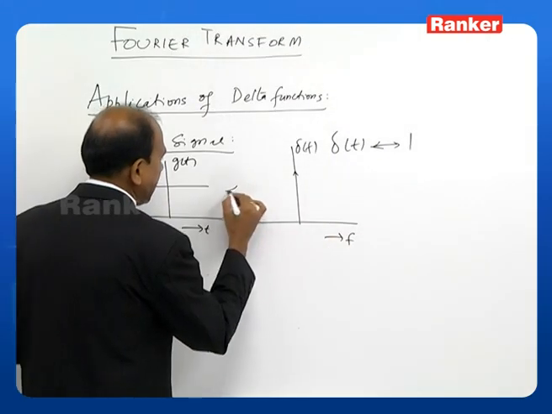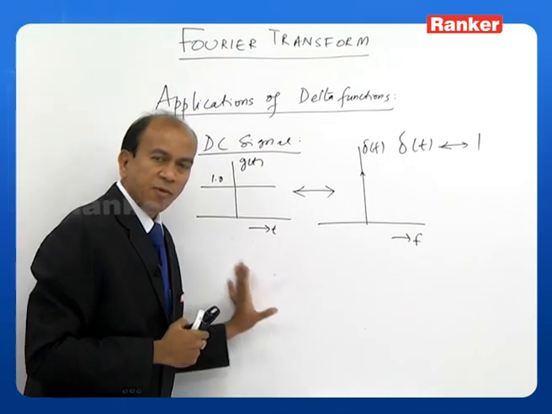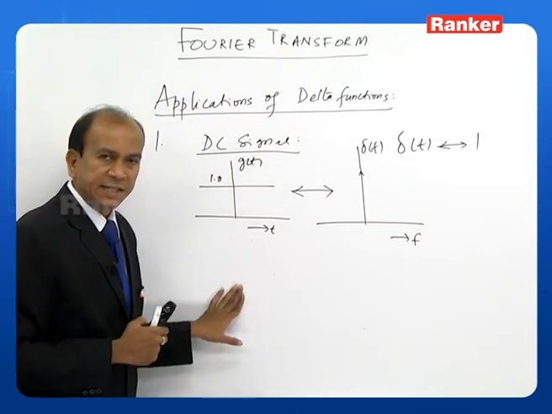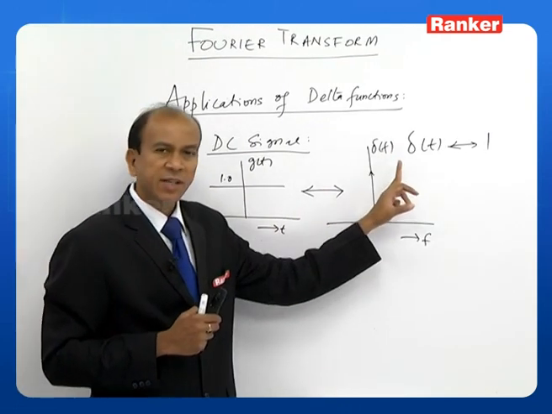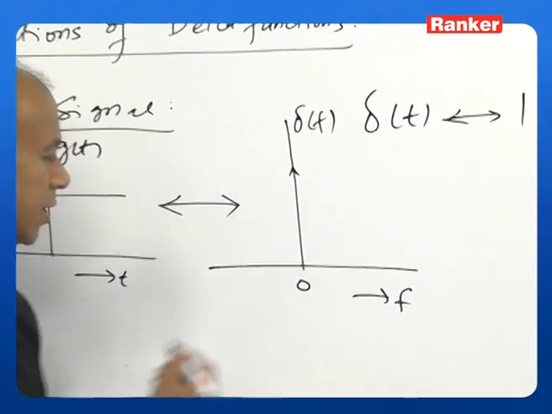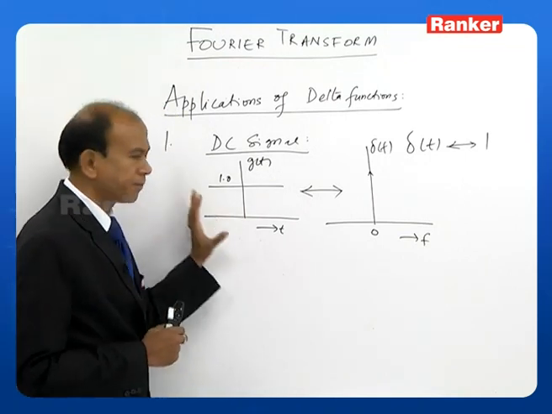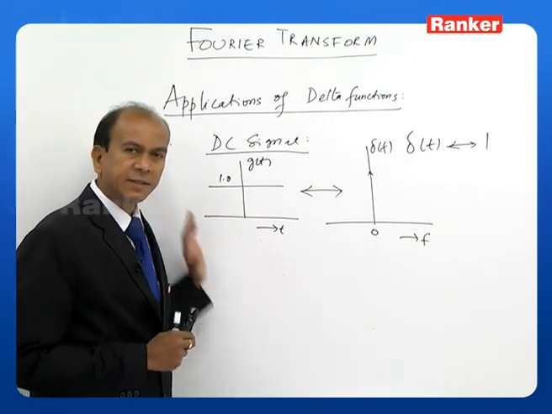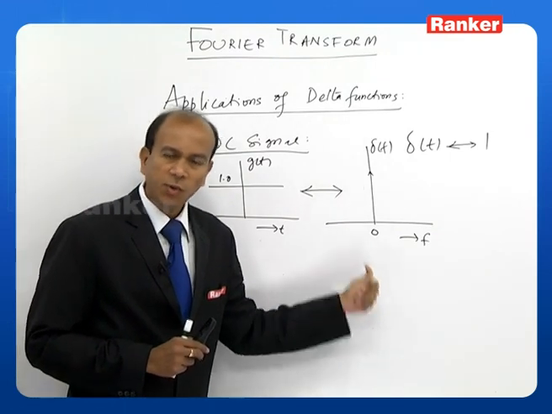So, this is the Fourier transform of a DC signal. It says that a DC signal will have a Fourier transform which is a delta function existing at f equal to 0.